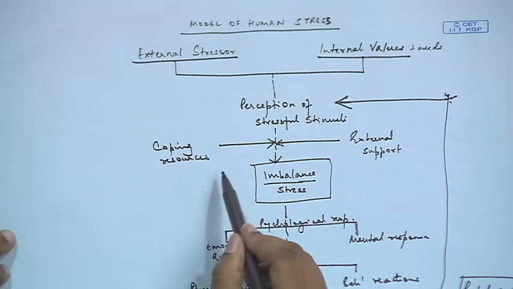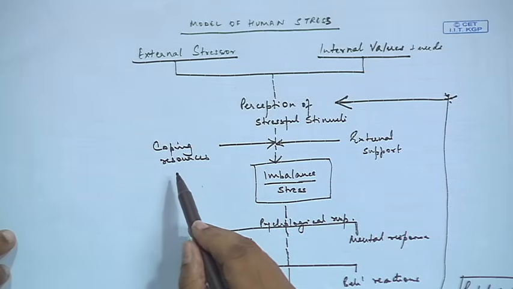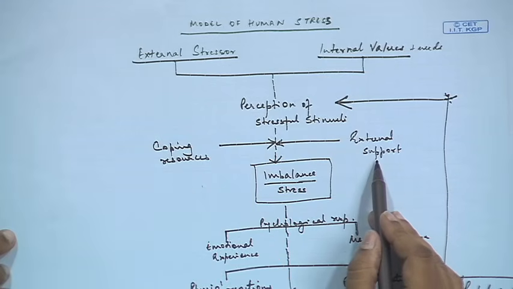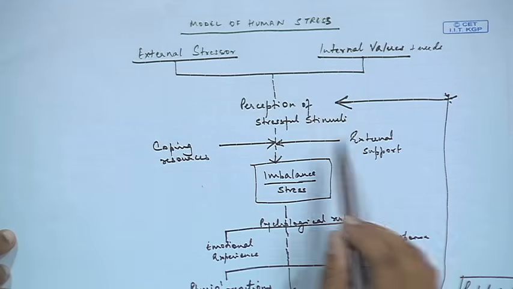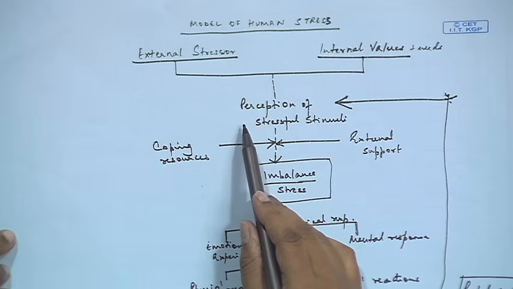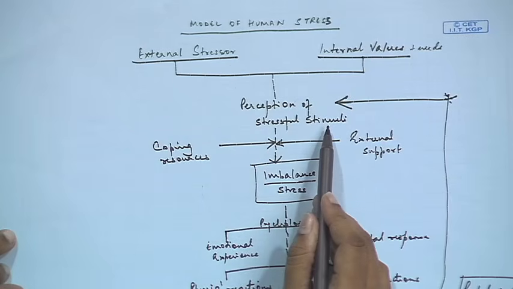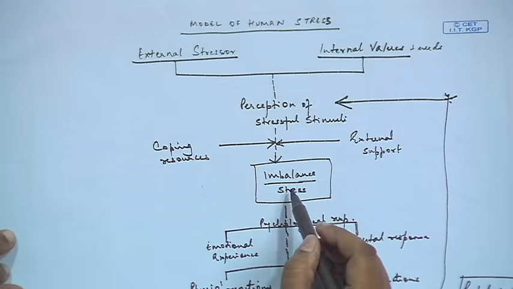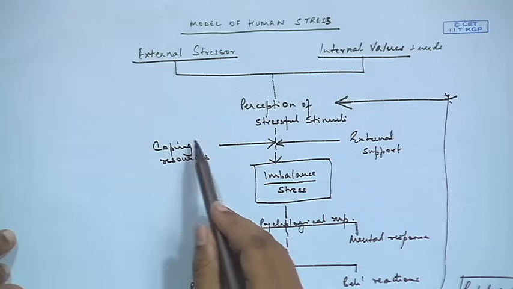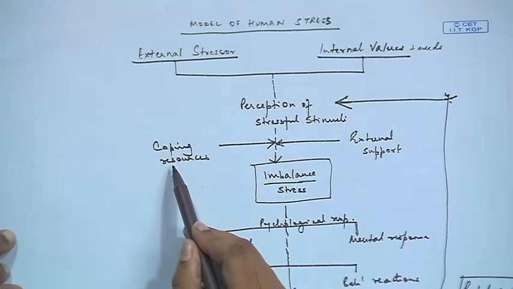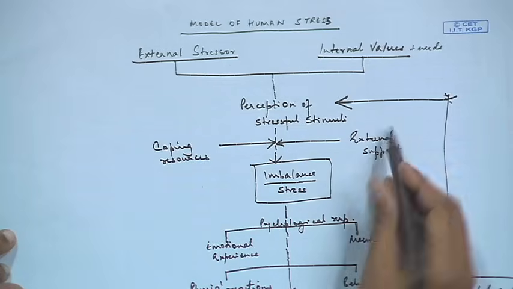Now, here we see the responses, two more important things. One is the coping resources and the external support. Even if an individual perceives a stimulus as stressful, it need not be that it will induce stress if he can actually resourcefully use his coping strategies and his external support.